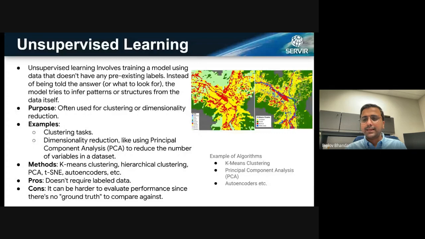On the right side, I ran a k-means cluster on the Planet data set, which is roughly 5-meter resolution. Because I know what the different pixels represent, or what the classes are in that particular area, I ran it through a k-means cluster, and it gives me very similar results. So depending on your use case, k-means clustering or any kind of unsupervised learning could be really beneficial.